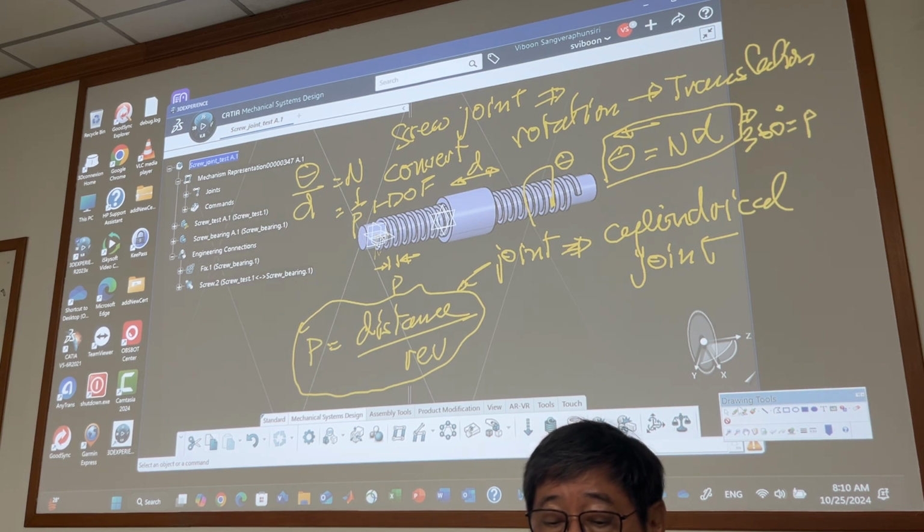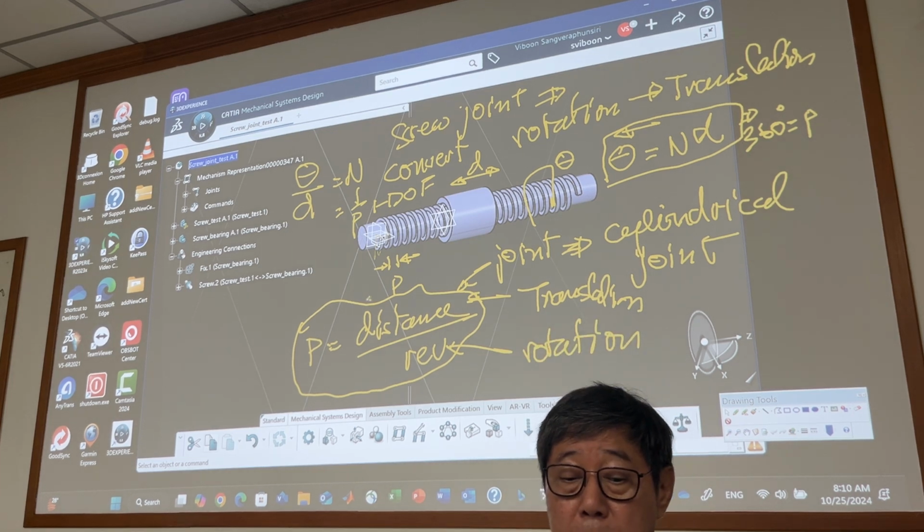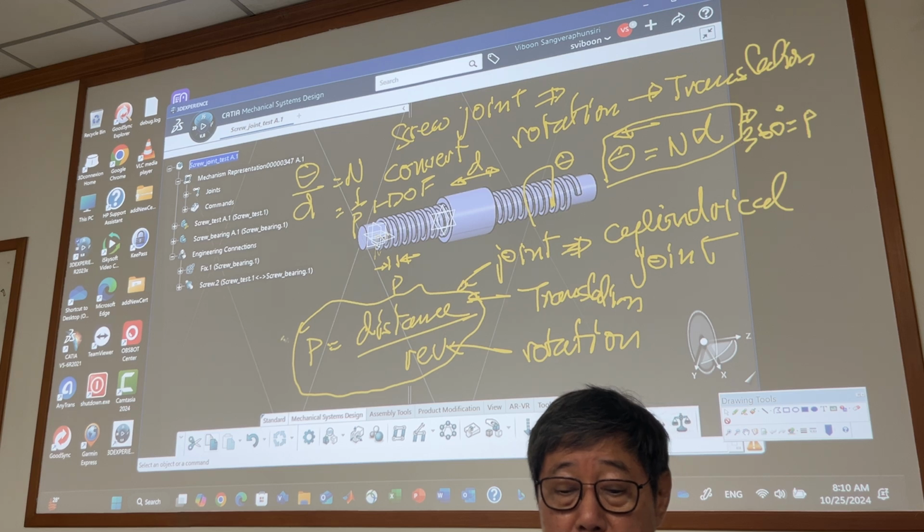This is a translation. This translation, this rotation. The pitch is the relation. This one is like a K ratio.